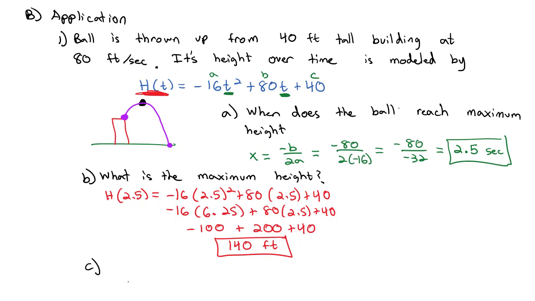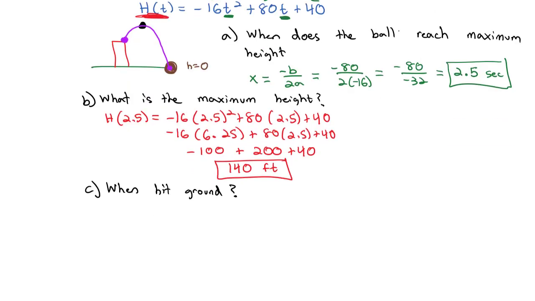A third question we might be interested in is, when does it hit the ground? When we ask when does it hit the ground, we're interested in this bottom point where the height is 0. Well, if the height is 0 at that bottom point, that's really asking for the x-intercept.